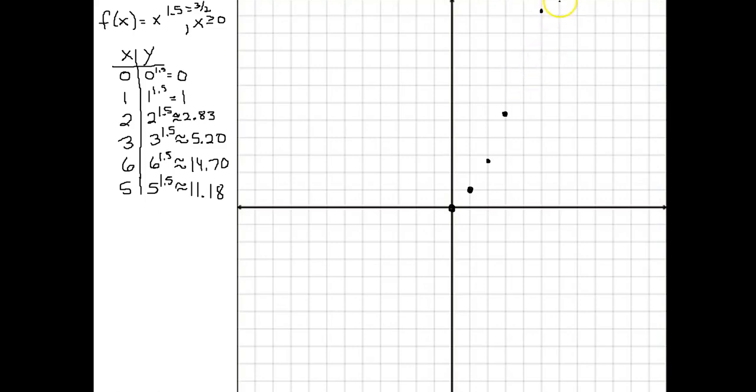And 6, 14.70 is way off. So now we know what it's supposed to look like. You could get some more points in between to get an even clearer picture of the curve, but that's close enough. It keeps going. So there you go.